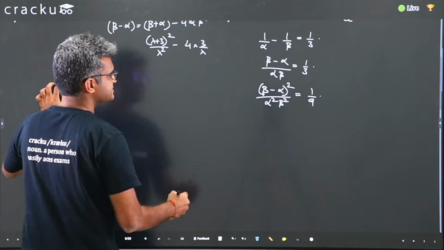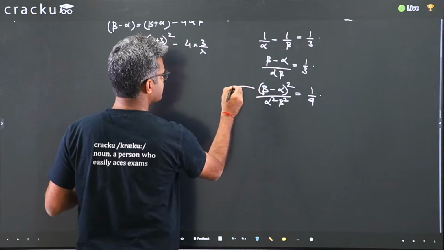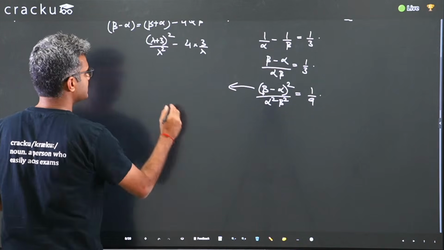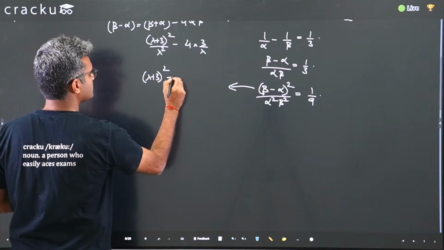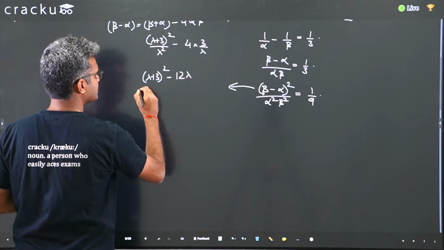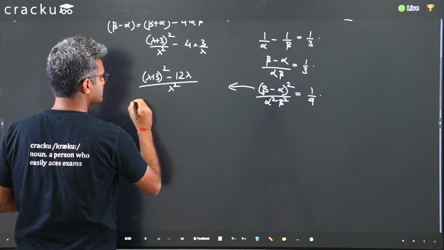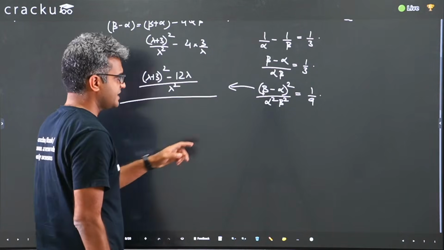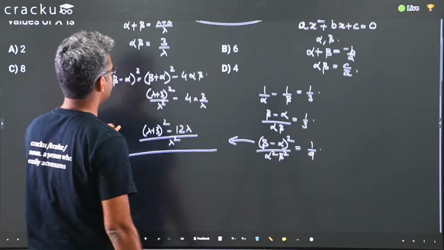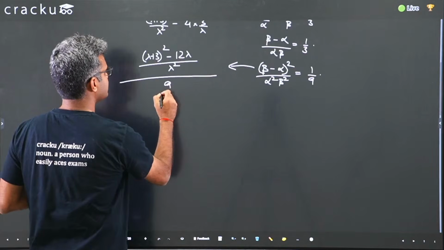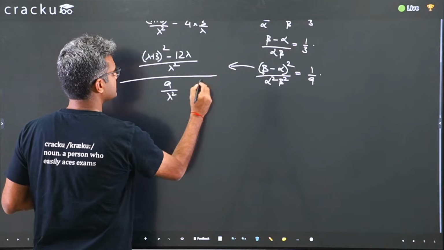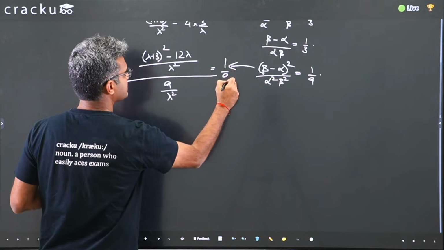So this equation says that (lambda plus 3) whole square minus 12 lambda, divided by lambda square, the whole divided by alpha square beta square. Alpha beta is 3 by lambda, so the square of it will be 9 by lambda square, is equal to 1 by 9.